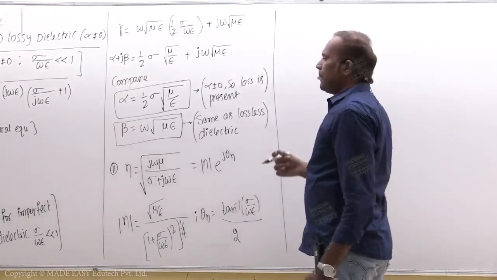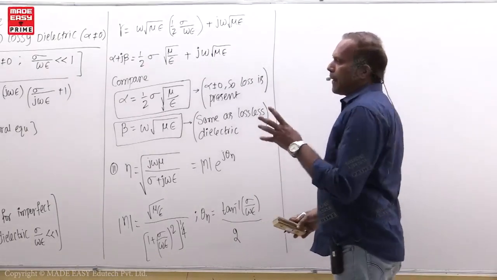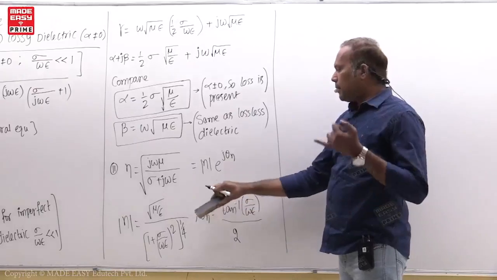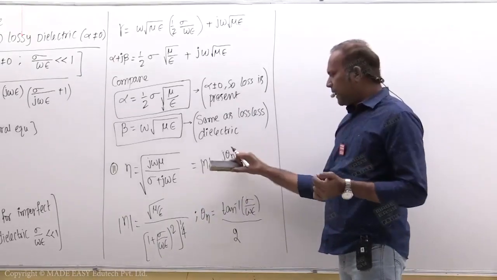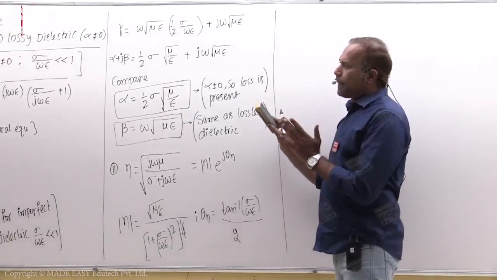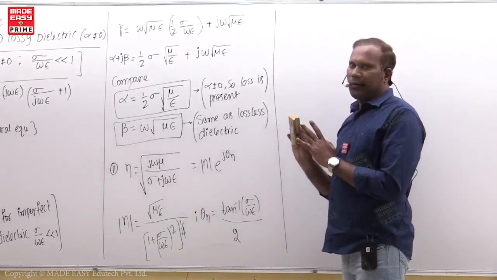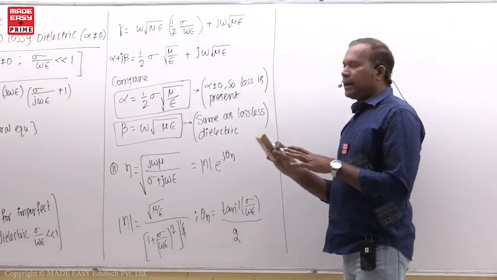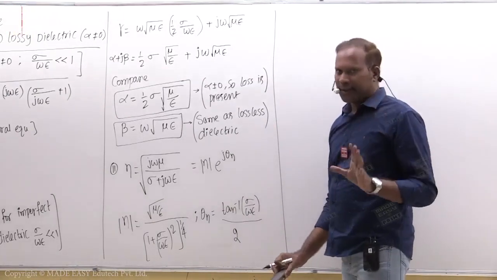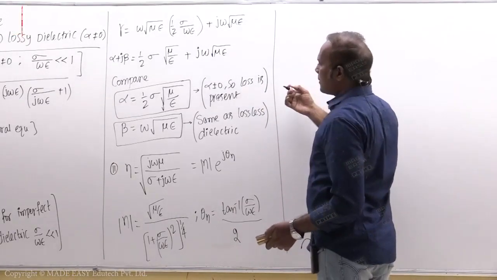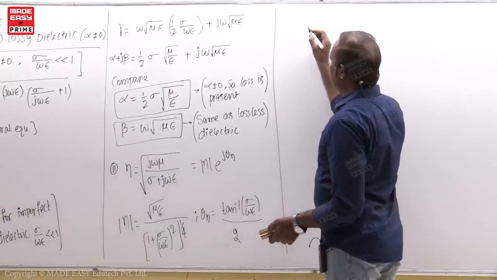So here, if you see carefully, in this case, alpha is also present, beta is also present, modulus of eta is present, theta eta is also present. That means the equations of electric field, magnetic field, and average Poynting vector are same as general equations. Let us talk of velocity and the wavelength.